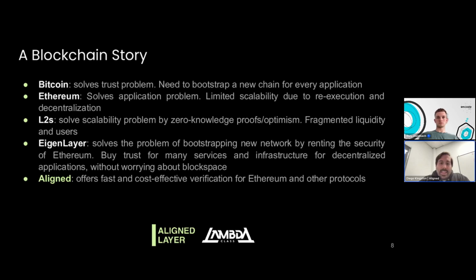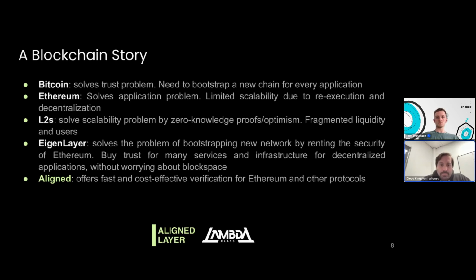They solve the scalability problem by using either zero knowledge proofs or validity proofs more precisely, because really zero knowledge is not used in almost all of the rollups, or Optimism. And the idea is that I can get a higher throughput, but the problem is that I get fragmented liquidity and users, and so the space becomes fragmented.